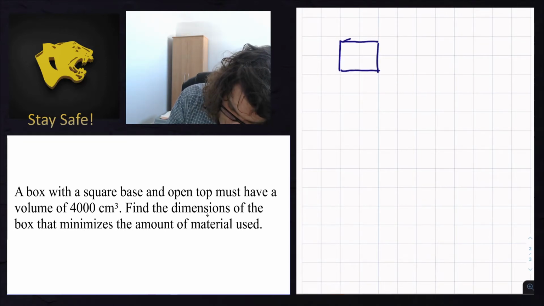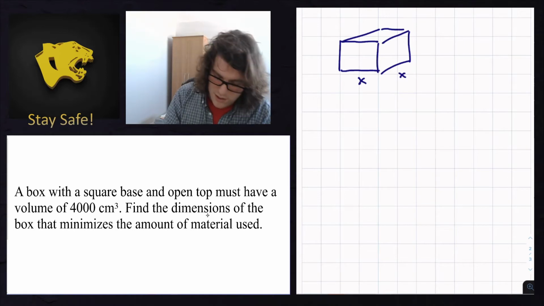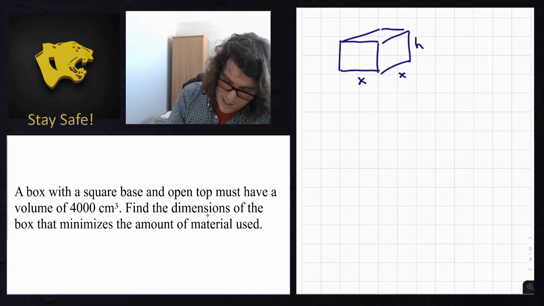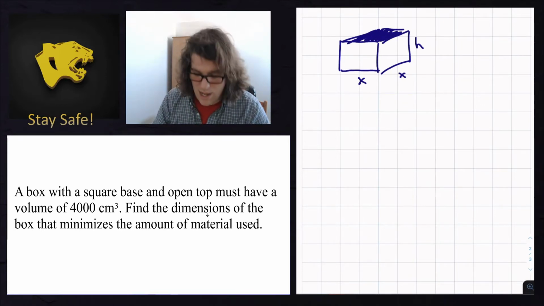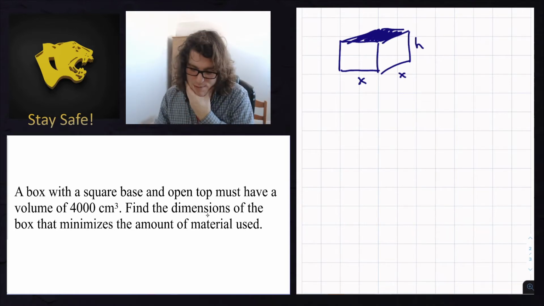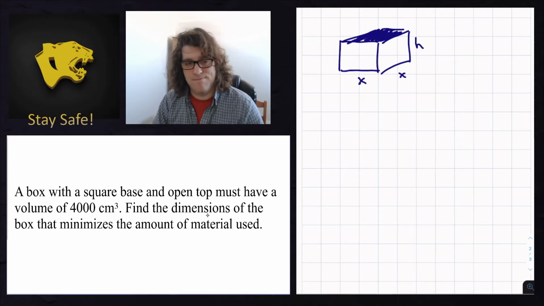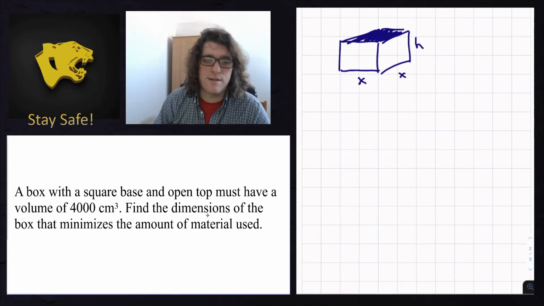I'm not very good at this, but that's all right. So x and x. I don't know that it is a cube, so I am going to say that this is h. I also know that there is no top on my box. So I have my four sides that are all going to be the same size, and I have my base that it sits on that is a different size.